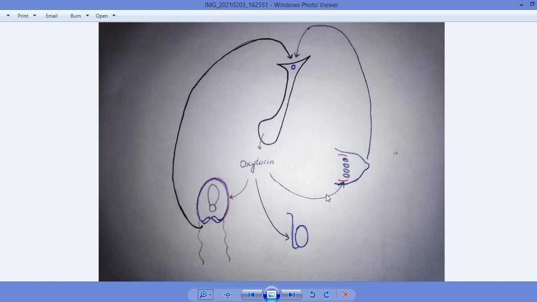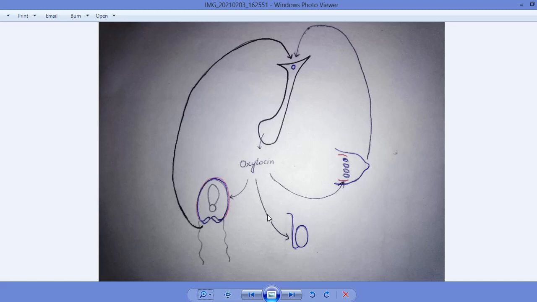So what happens when the oxytocin is released toward these muscles, which are called myoepithelial cells? These myoepithelial cells get contracted. When these myoepithelial cells contract, the milk is ejected from the areola towards the opening of the breast. So oxytocin is responsible for the ejection of milk from the breasts.